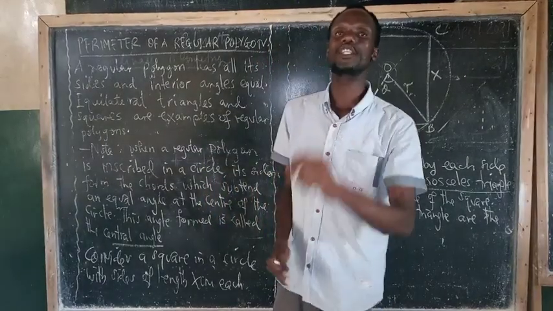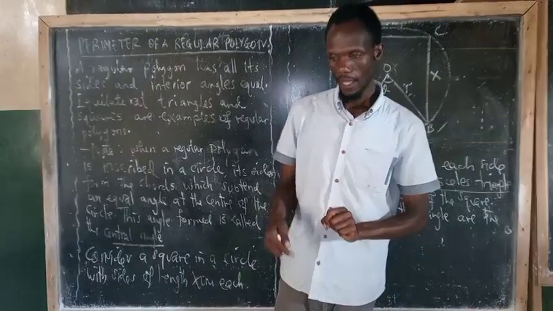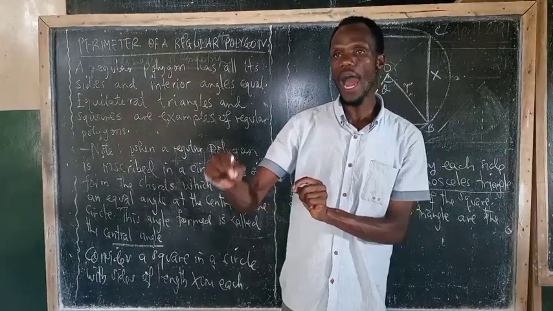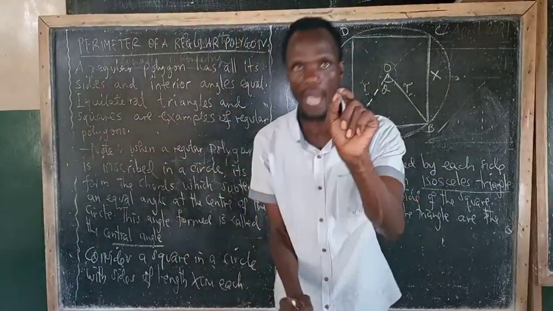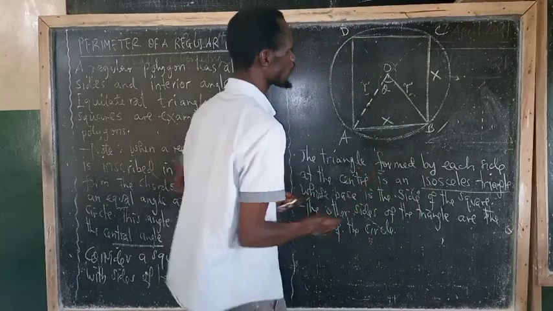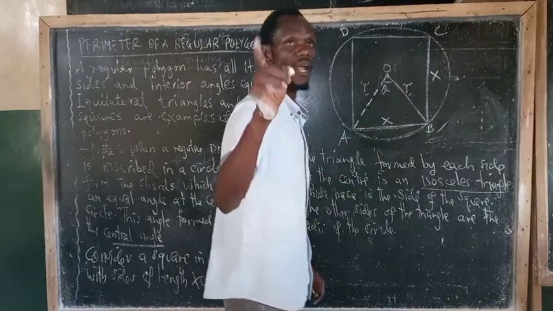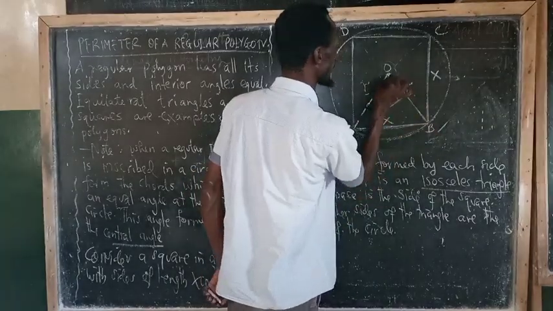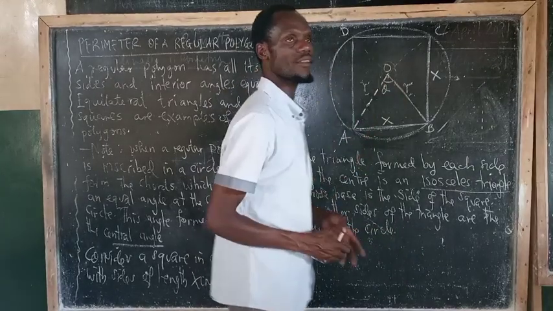Remember, from the definition of radius, if you draw a line from any point on the circumference to the center of the circle, that is called a radius.